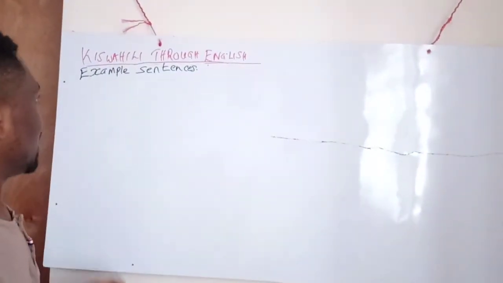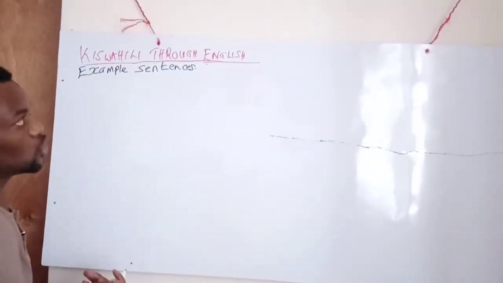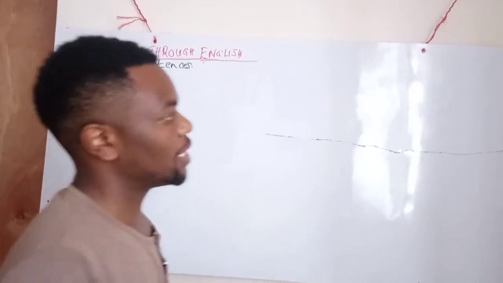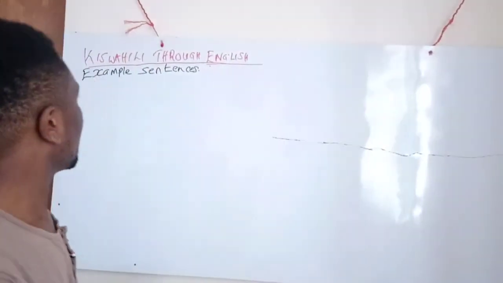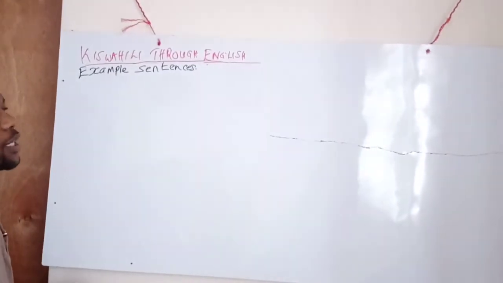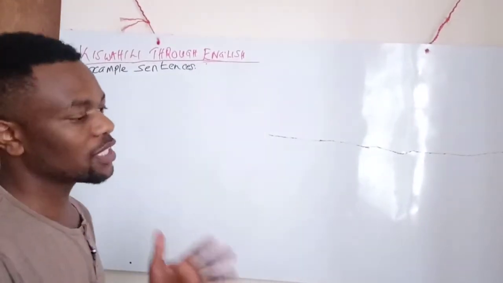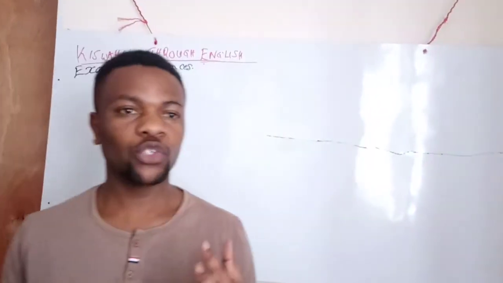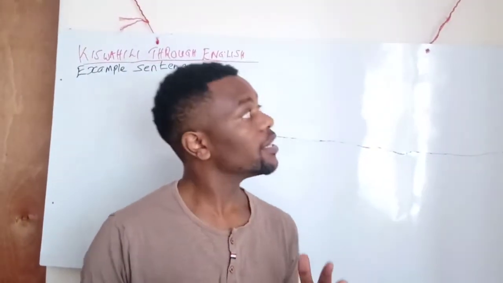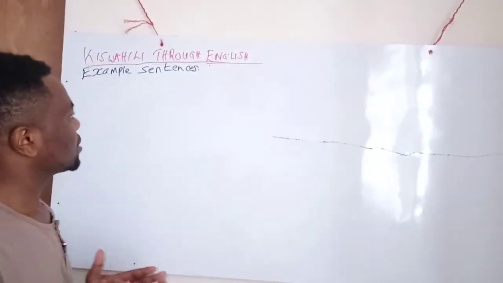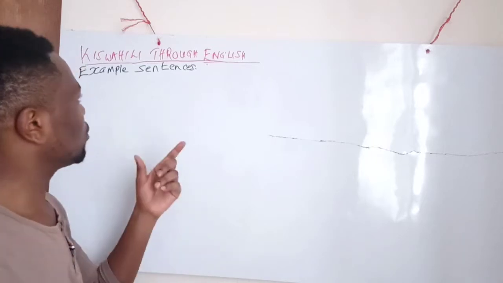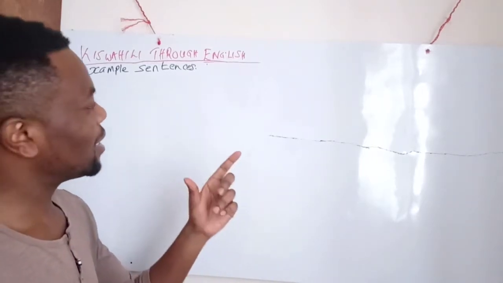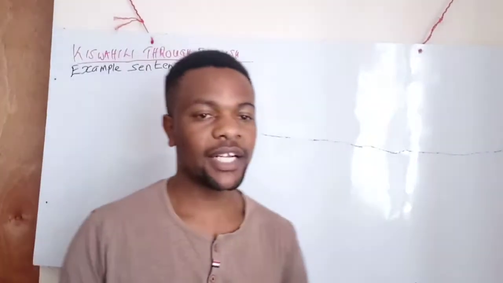For today, it will be a continuation of our last session, which was about example sentences that we shall be discussing and trying to deconstruct them in a way that you will be able to see the parts of that particular Swahili sentence from an understanding of English.